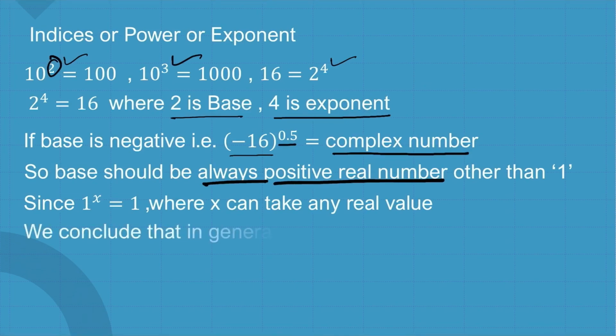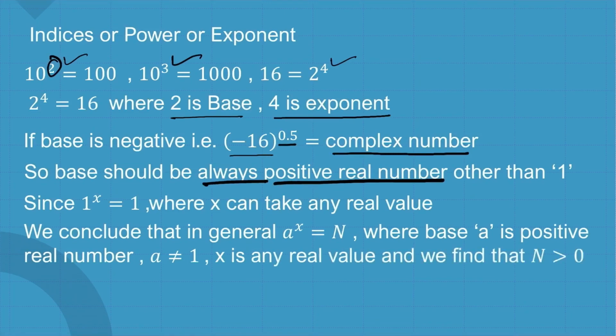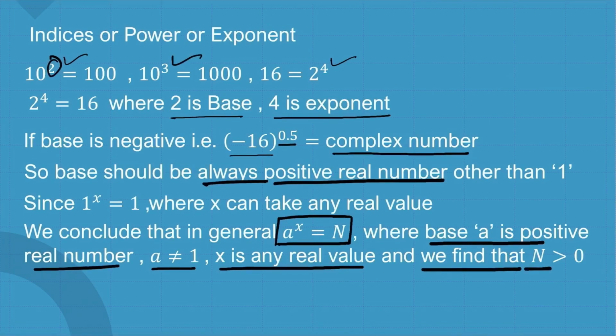So in general we conclude that a raised to the power x is equal to N is the general form of an exponent, where small a is the base, which is a positive real number other than 1, that is a should not be equal to 1, and the exponent x is any real value and somewhere it can be written as a rational value, and we find that the capital N, that is the result, will be greater than 0.